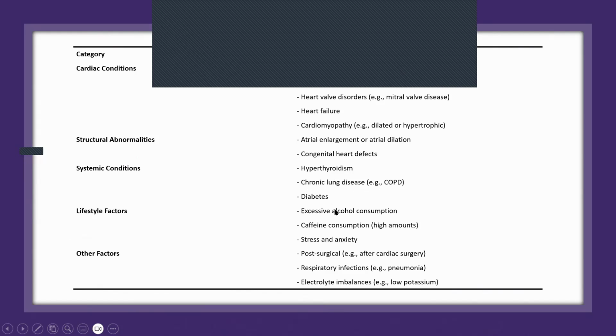COPD, diabetes, excessive alcohol, and caffeine consumption, generally you won't see in an emergency department in an acute setting, but it can happen. The other common one that we often see is due to hypokalemia, surprisingly. It is one of the causes of an atrial fibrillation. So it's just something to keep in mind when you see an AFib.